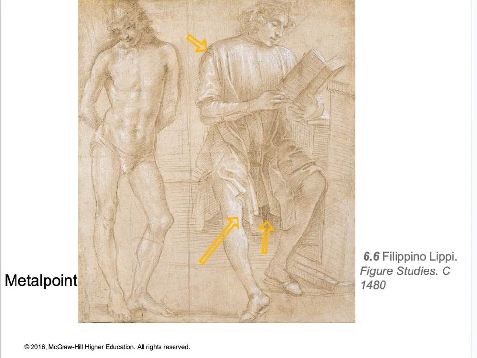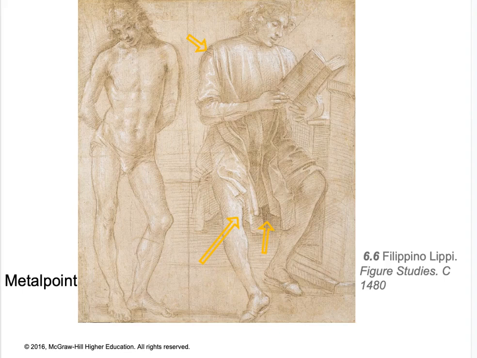So it's a very rich way to create a drawing, much more sophisticated and beautiful, really, than a graphite drawing would be. We cannot appreciate the full effect of what metal point looks like just by looking at these slides. Seeing one in person would be much more interesting and appealing, I'm sure.